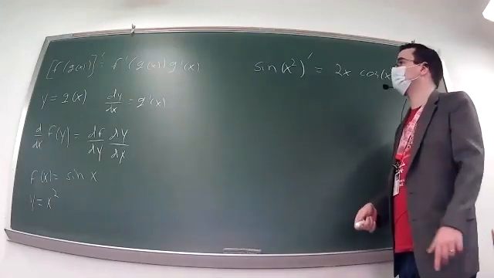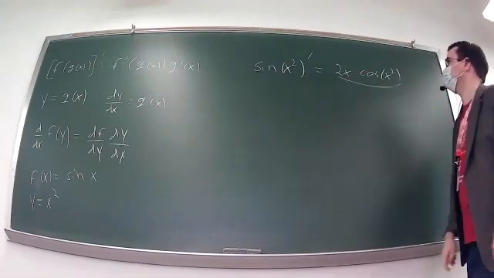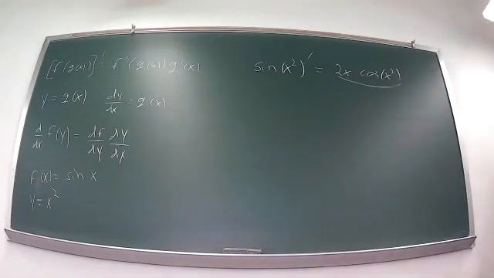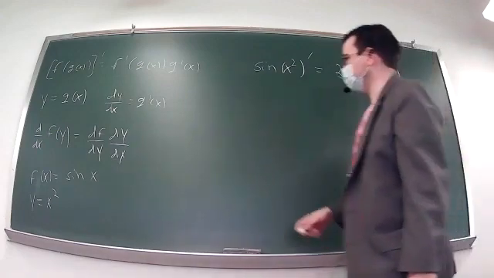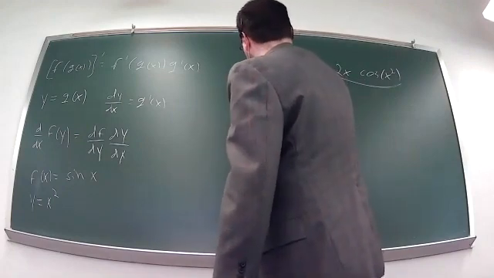And so what if you were going backwards? What if you started with 2x times cosine of x squared, and you wanted to integrate that? So you wanted to find an antiderivative.